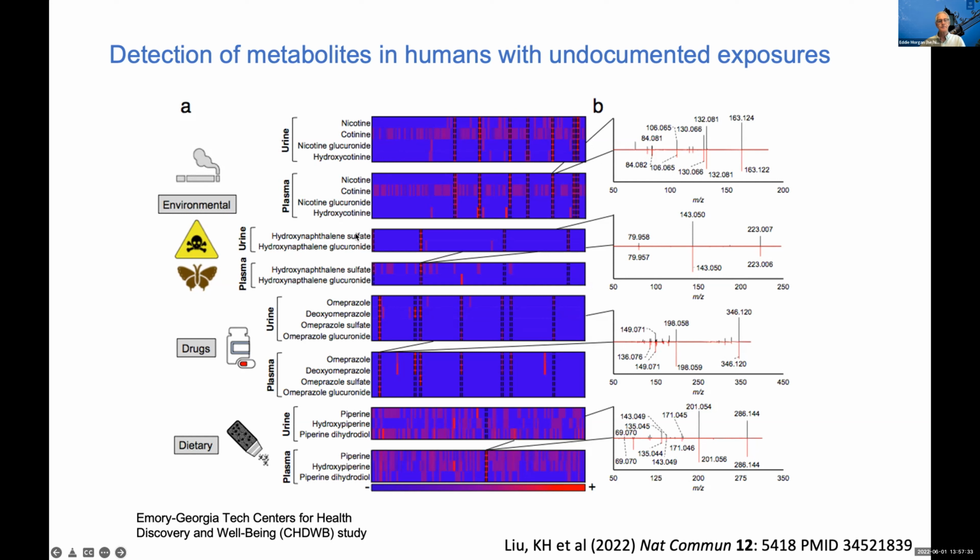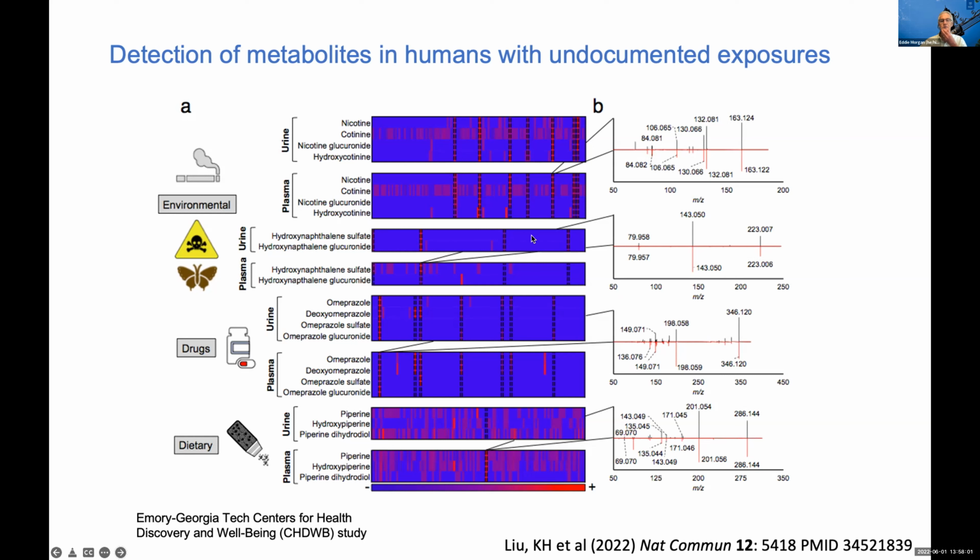Below that, we have naphthalene, and we detected naphthalene sulfate, hydroxynaphthalene sulfate, and hydroxynaphthalene glucuronide in paired samples from 3 individuals in this cohort. Again, very good evidence that these individuals have been exposed to naphthalene.